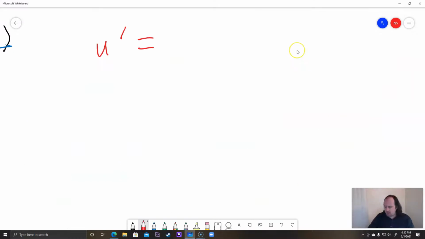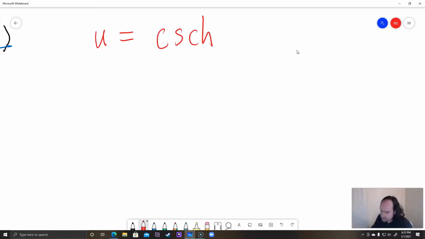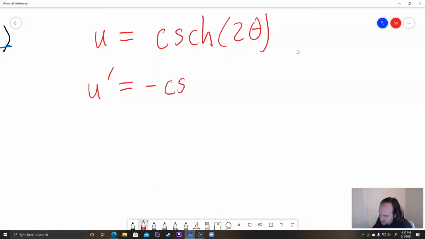But if that's too much to see all at once, you can write down your u. So here our u was cosec of 2 theta. And then taking the derivative, we get our u prime is going to be negative cosec of 2 theta coth of 2 theta.